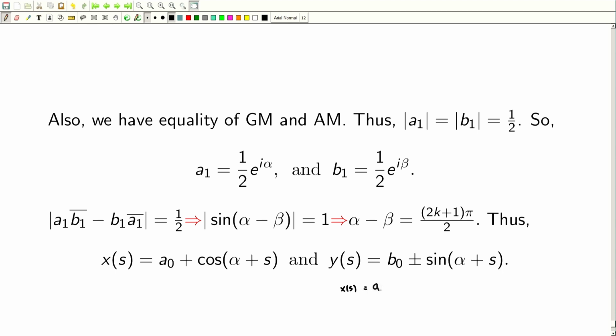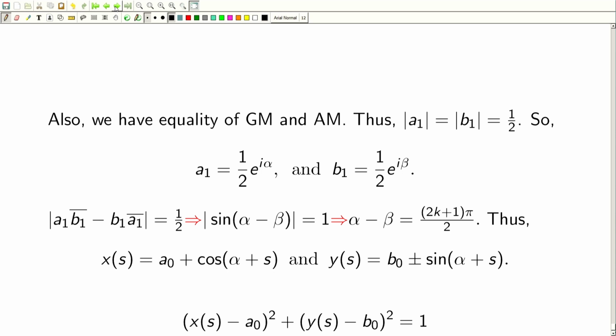This is a_{-1} e^{-is} plus a_0 plus a_1 e^{is}, and if we add this, with a_{-1} being \bar{a}_1, what you are going to get is a_0 plus cos(alpha plus s), and similarly y(s), depending on the parity of k, is going to be b_0 plus or minus sin(alpha plus s).